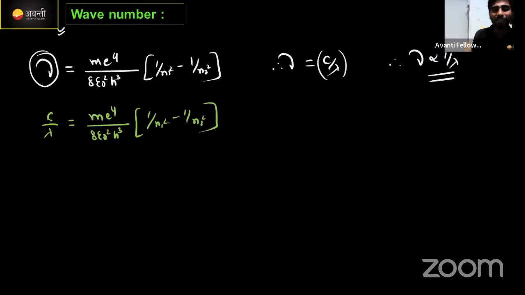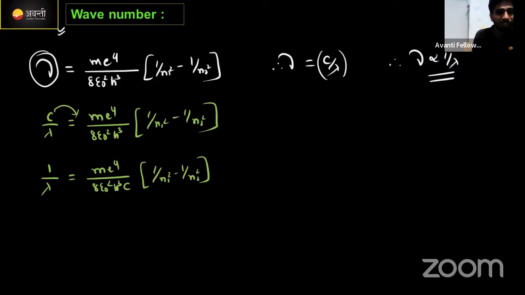Then I take this c to the right hand side, where it comes to the denominator: m e to the power of 4 divided by 8 epsilon naught square h cube into c, correct, and the remaining 1 by n1 square minus 1 by n2 square. Look, here 1 by lambda is there, and we call this the wave number.